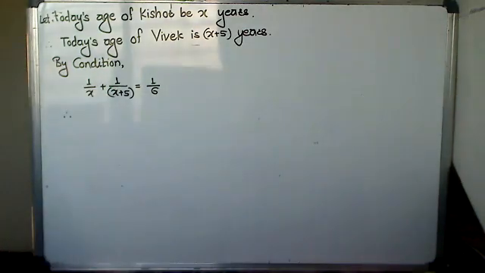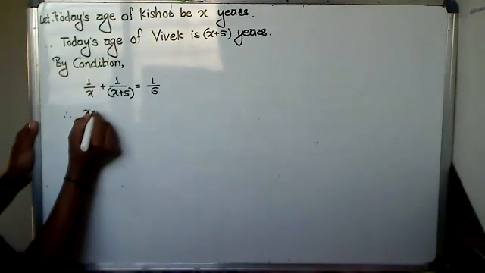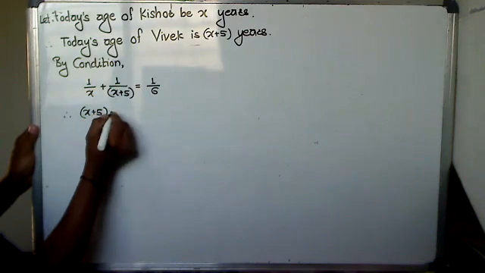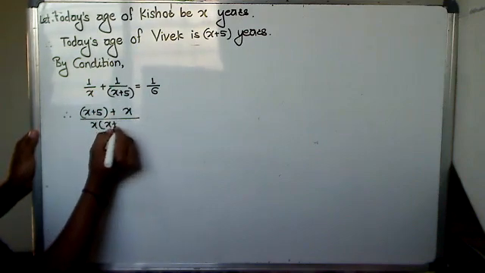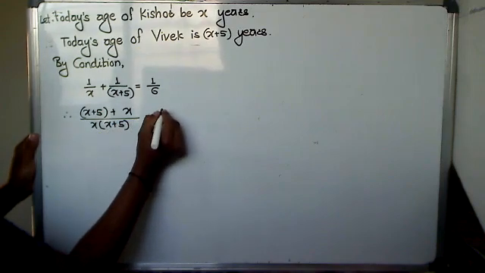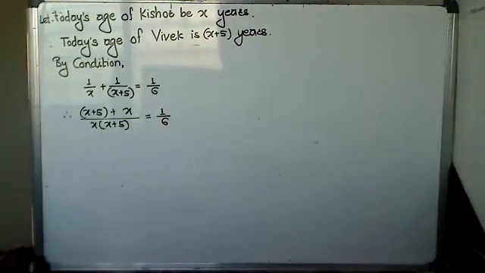Now, doing cross multiplication, x plus 5 plus x upon x into x plus 5 is equal to 1 upon 6.